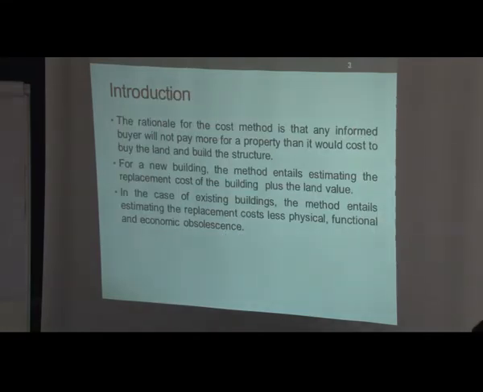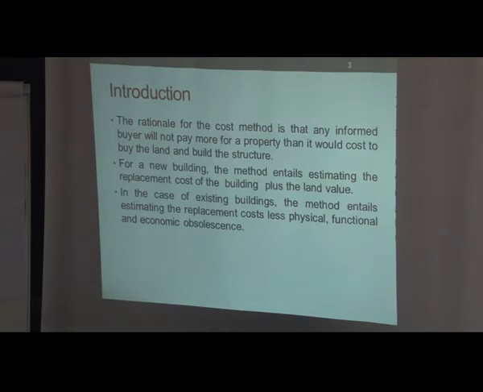So I've already given that introduction. Basically, that's what I was talking about, the rationale of this method. This is the method that involves two processes. You're going to value the land separately and then the building separately.